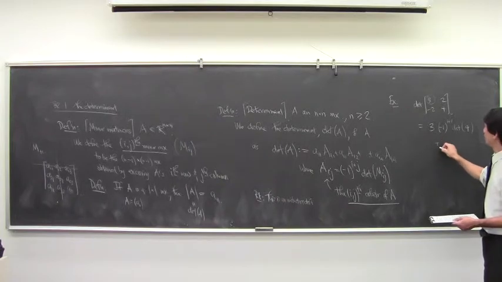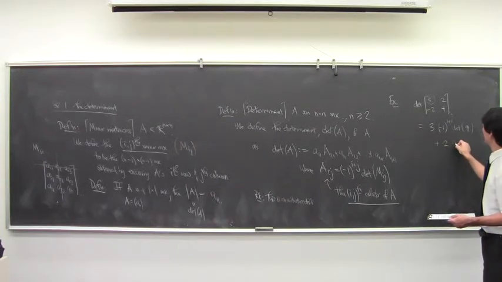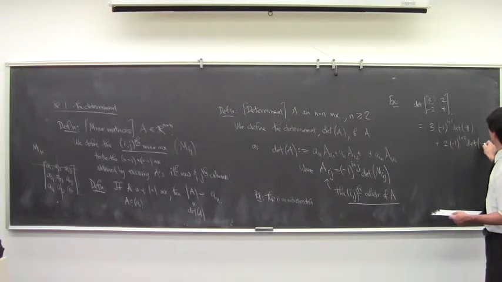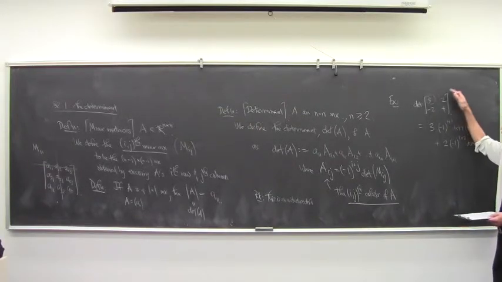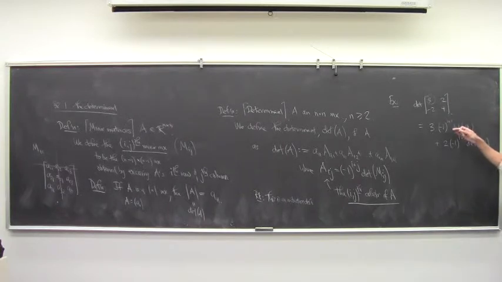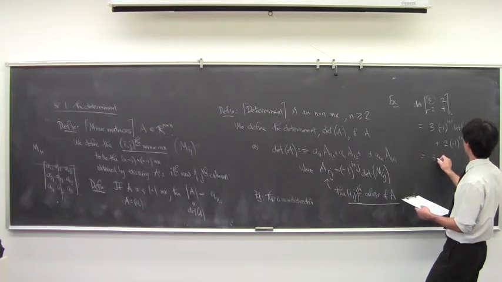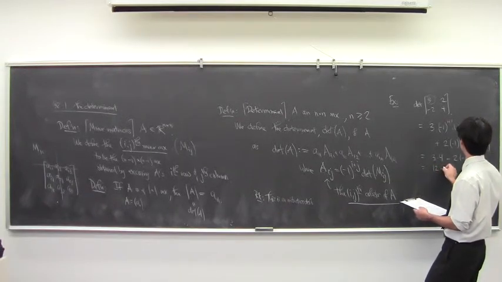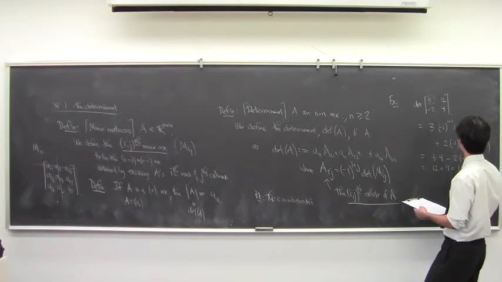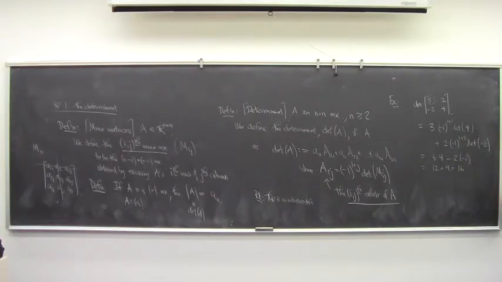And then I'm going to add on to that 2 times negative 1 to the 1 plus 2 times the determinant of the minor matrix that I get by crossing off the first row and the second column. Right. So I get 3 times 4 minus 2 times negative 2. So it's 12 plus 4, 16.